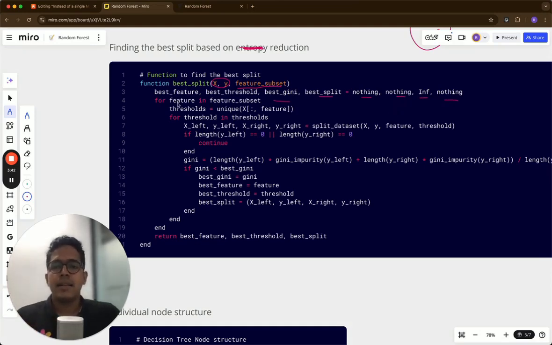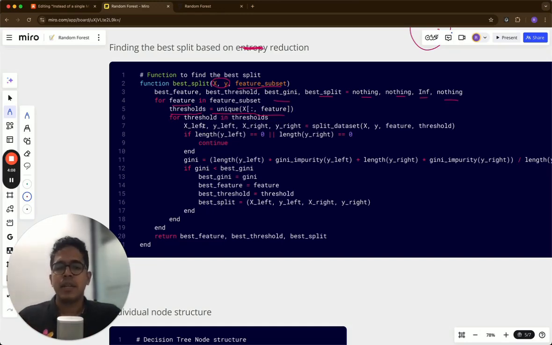And then we create a set of features in the feature subset. So for feature in feature subset means you have all the features one by one getting collected in this feature variable. Then you say for that feature, you can have different potential thresholds, right? So here thresholds equal to all the unique values that are present in the features. So this means if the features are some numbers, here you are collecting all the unique numbers.